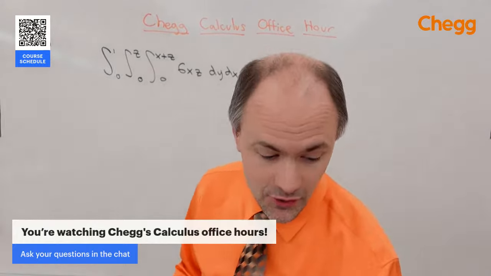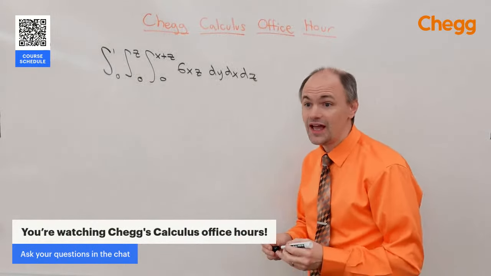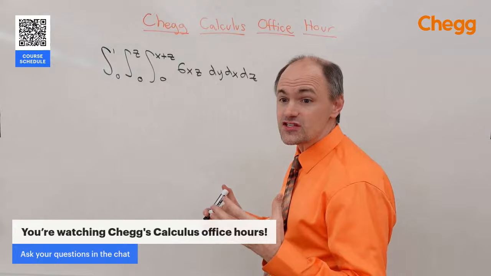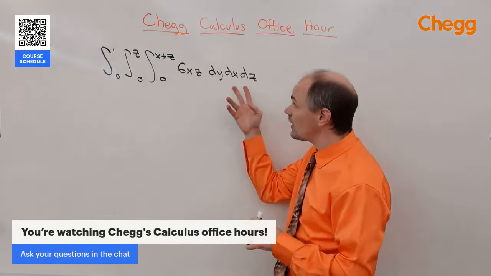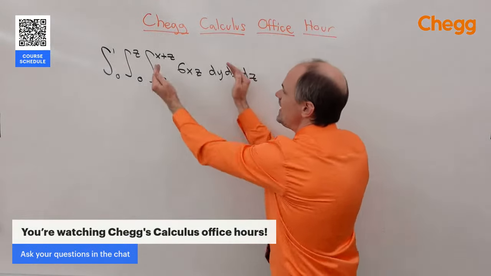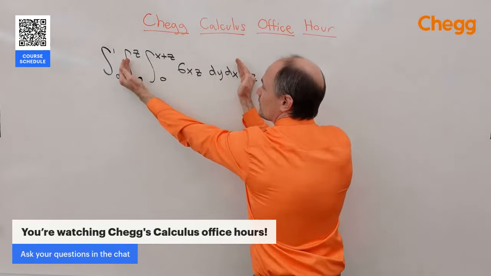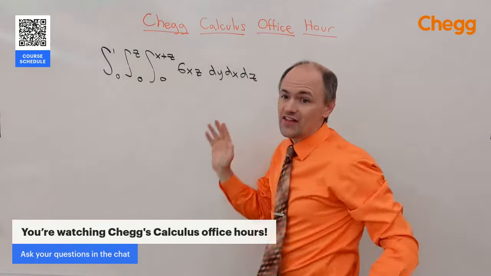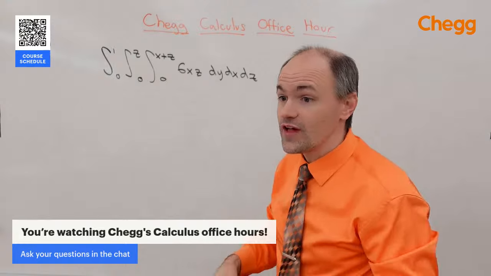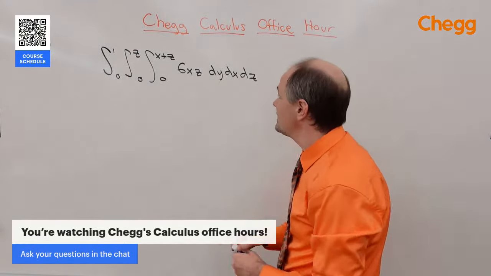So we've got three integrals stacked up. You can think of this triple integral as just a regular integral nested inside another integral, nested inside another integral. So we just have to solve them one at a time.